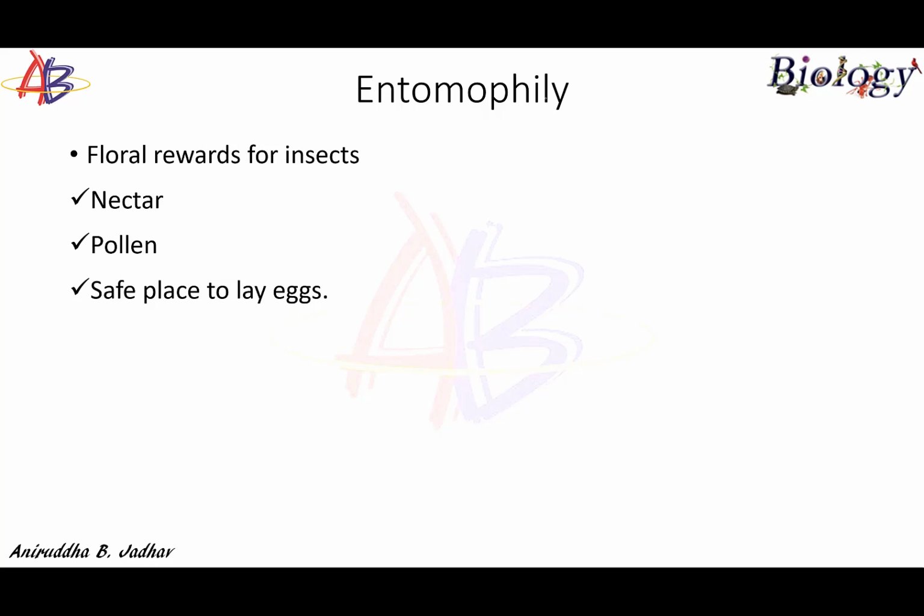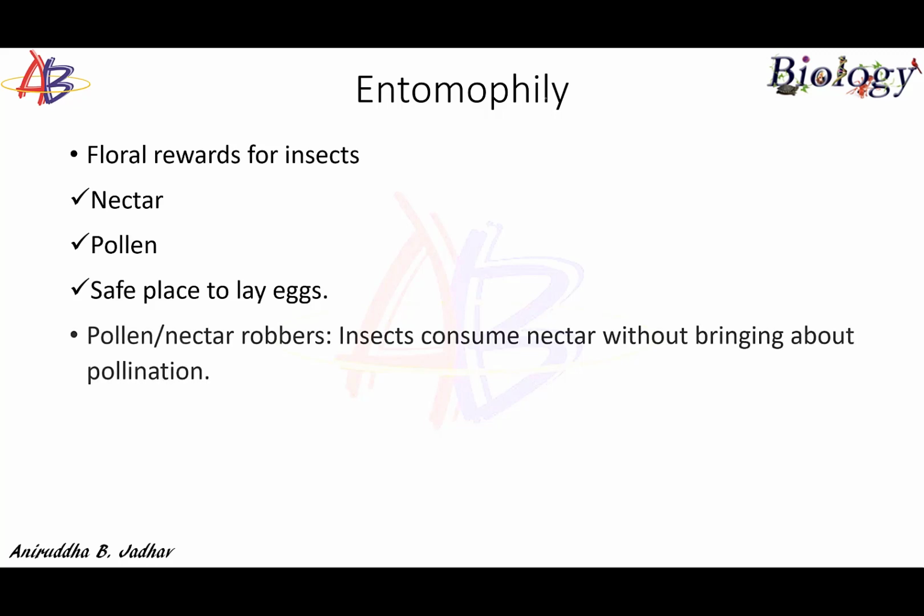A similar relationship is also observed with a species of moth which lays eggs in the ovary of the yucca plant, right? Both this moth and the yucca plant can't complete their life cycle without each other. Now there is one term called pollen or nectar robbers. Robbery means simply stealing, right?